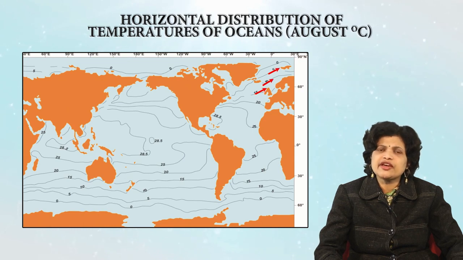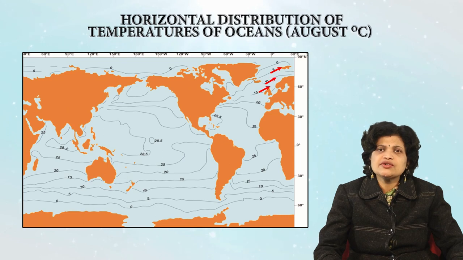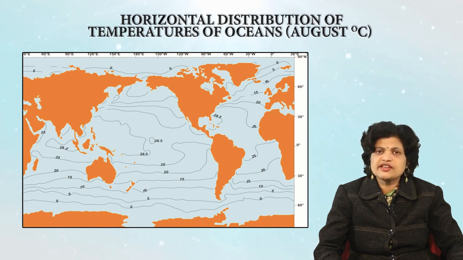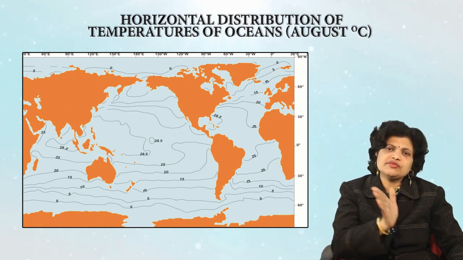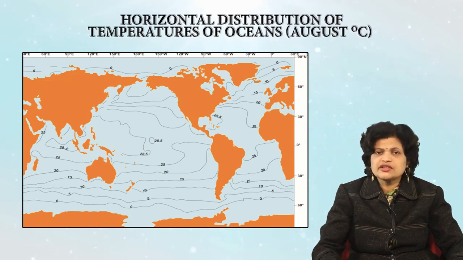This is due to the effect of warm ocean currents like the Gulf Stream and North Atlantic Drift, due to which higher temperatures are found at higher latitudes. Above, you can see the Scandinavian region. The isotherms are diverted a little towards the north, and the southern hemisphere is a little more regular.